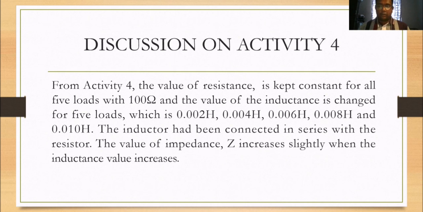So let's look into the discussion of activity 4. For activity 4, the value of resistance is kept constant like activity 3, which is 100 ohm. The value of inductance is changed, which is 0.002, 0.004, 0.006, 0.008, and 0.01 Henry. The inductor and the resistor have been connected in series, and the value of impedance increases slightly for load 5 when the inductance value increases.